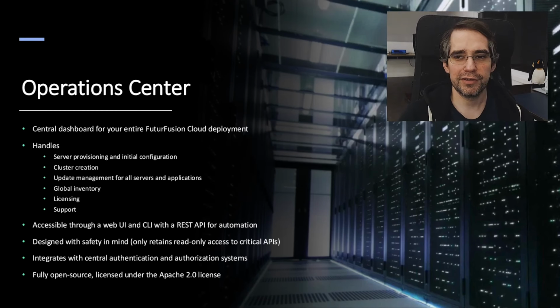The next component is Operations Center. So that's really your central dashboard for a FuturFusion Cloud deployment. It is used to do the initial provisioning of servers, creating clusters from that. It handles updates, tracking, and management for all servers and applications that are part of the stack. It also acts as the global inventory.